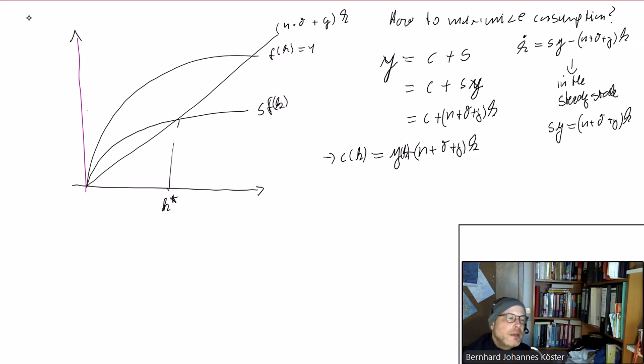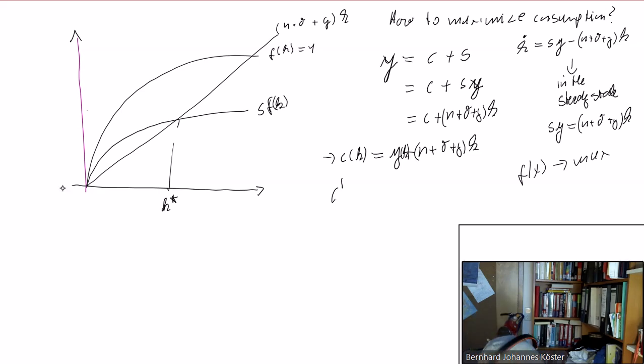Mathematically, what are we doing if we want to maximize a function? What do we have to do? If we have f of x and this we want to maximize, what do we do? First derivative. First derivative, great.